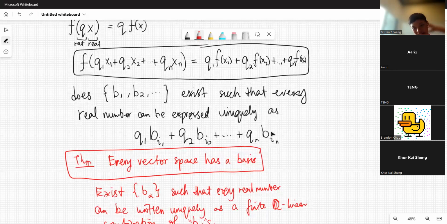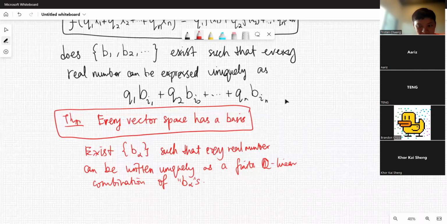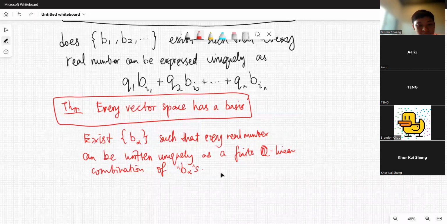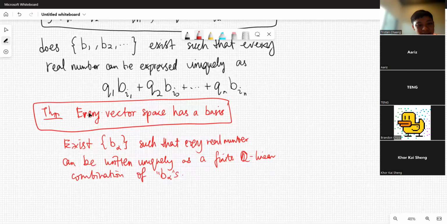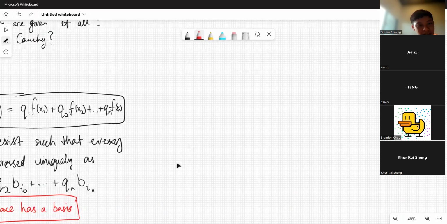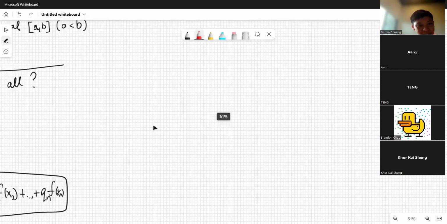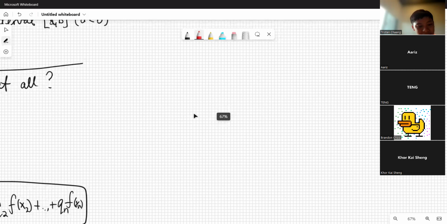Equivalent to saying every real number, meaning it spans, expressed uniquely, meaning it's linearly independent. But anyway, let's look at a simple case that doesn't require that theorem.